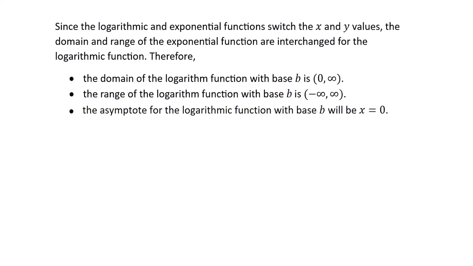And similarly, the asymptote for the logarithmic function with base b will be x equals 0. This is a vertical asymptote. For the exponential function, we had a horizontal asymptote of y equals 0. So in every way, the x and y values are being switched on the logarithm and exponential functions.